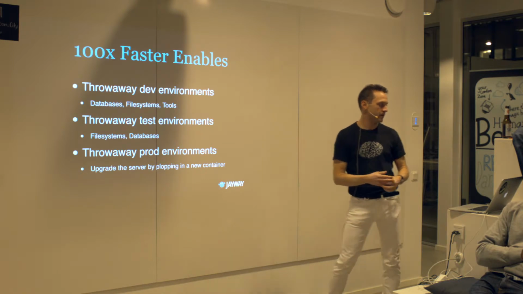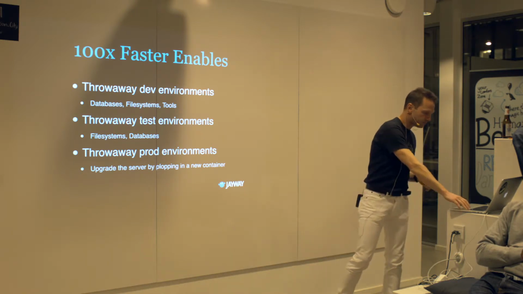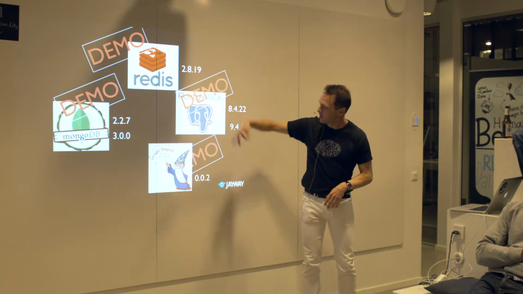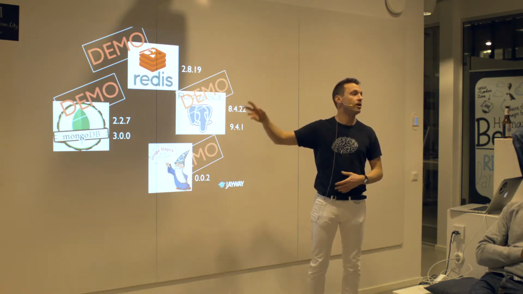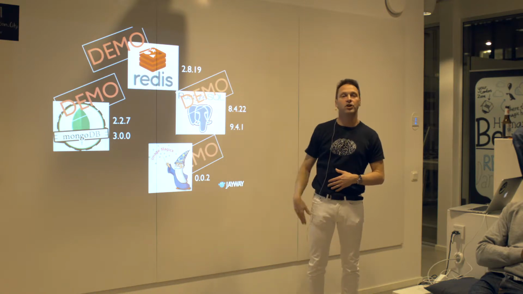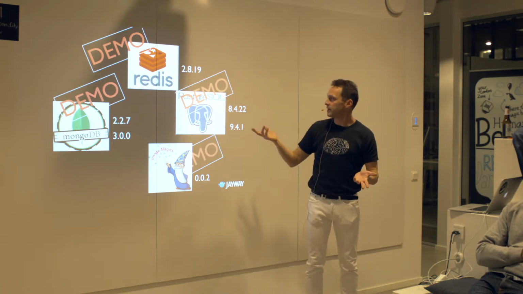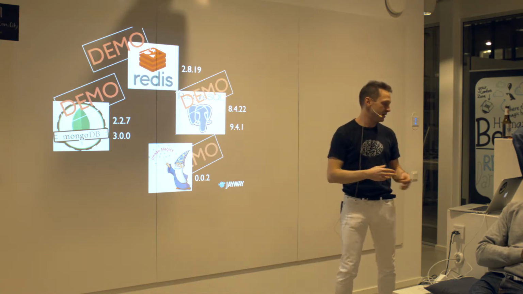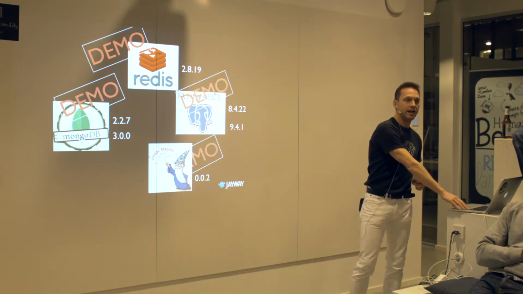It's really, really enabling. And I used to have a demo here where I just started a bunch of Docker containers, but I'll just skip it for now because that's basically what it is. It's not a problem to run many at the same time.